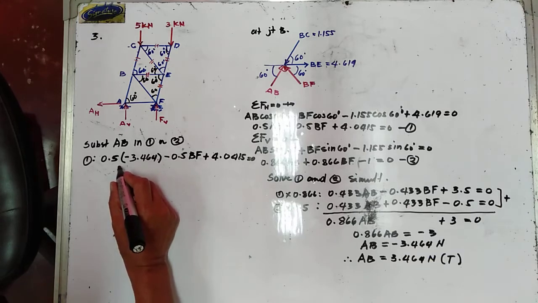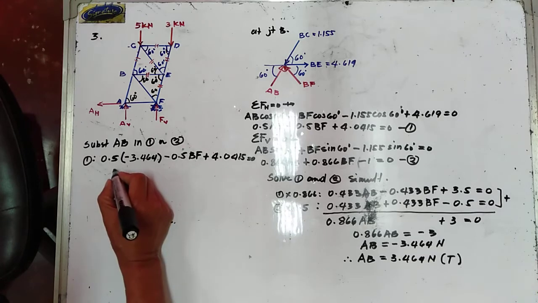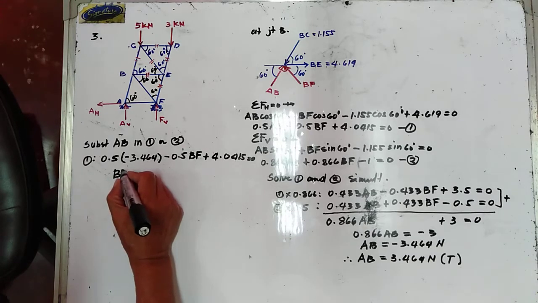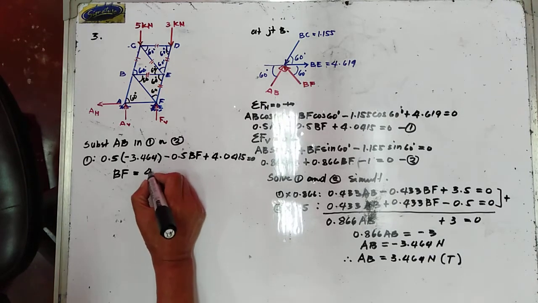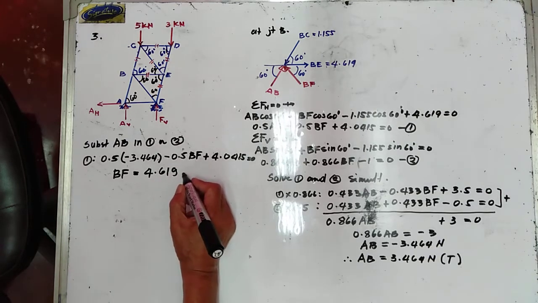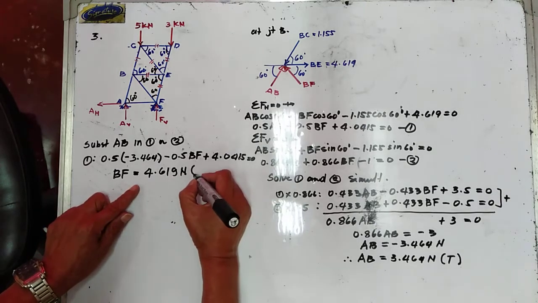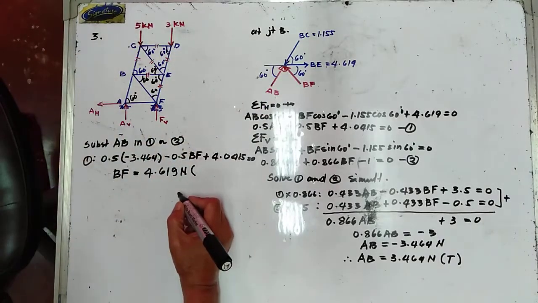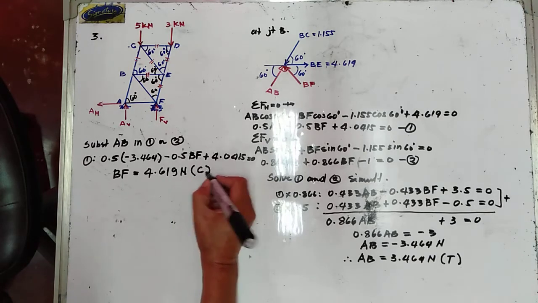Solving for BF, BF is now equal to 4.619 newtons. We get a positive value, hence the assumed direction of BF is correct, and that one is in compression.